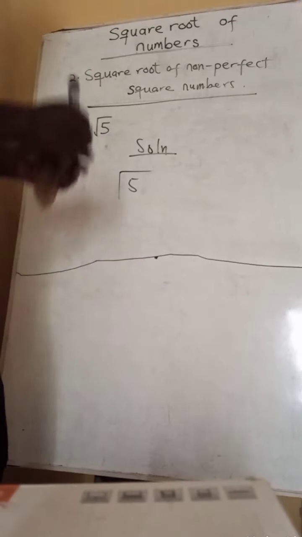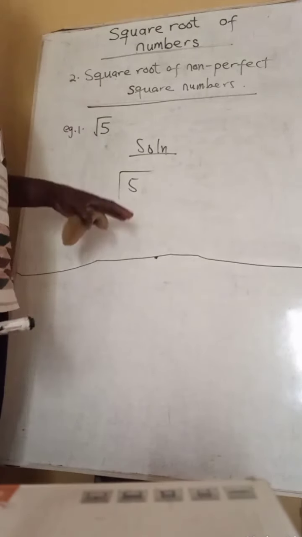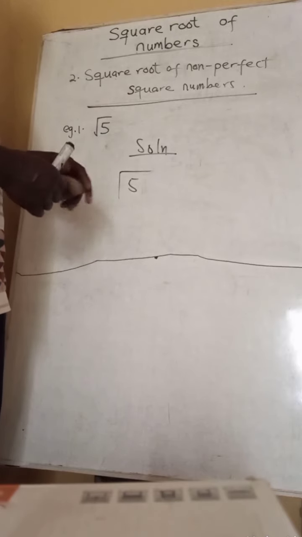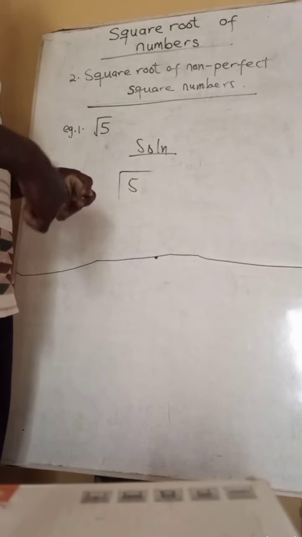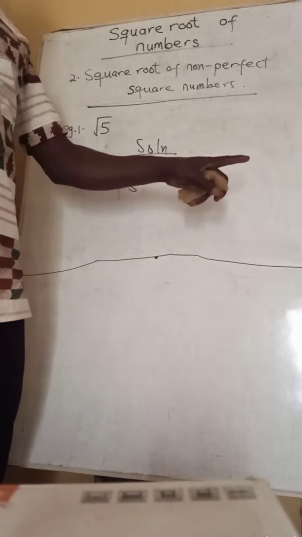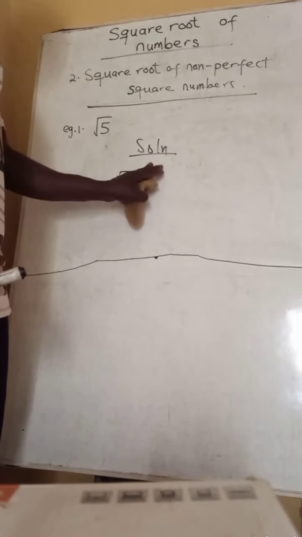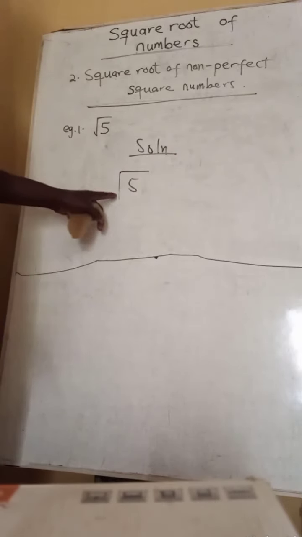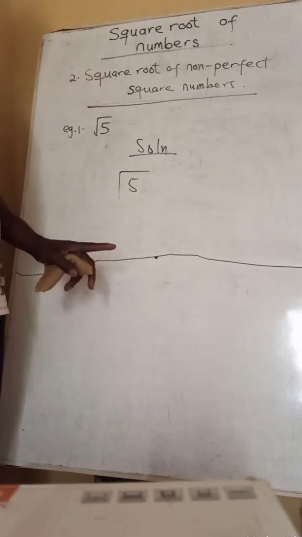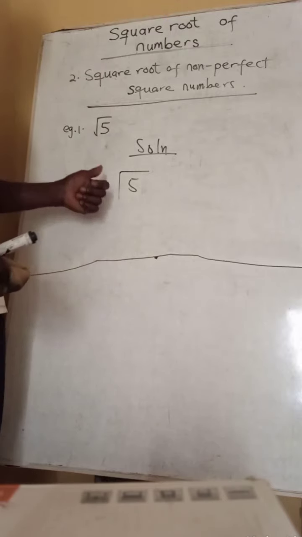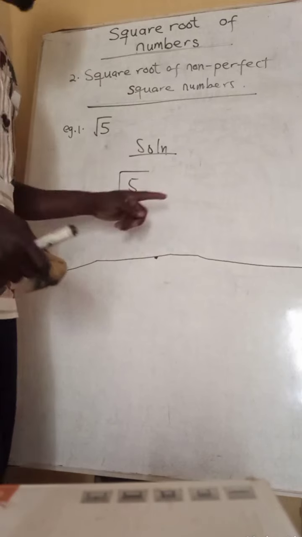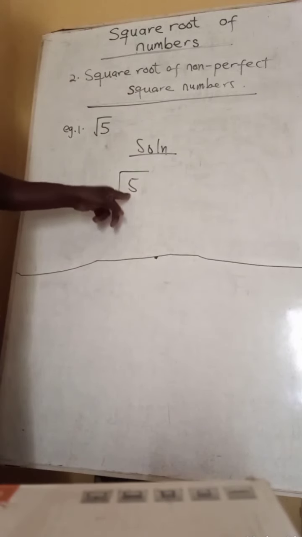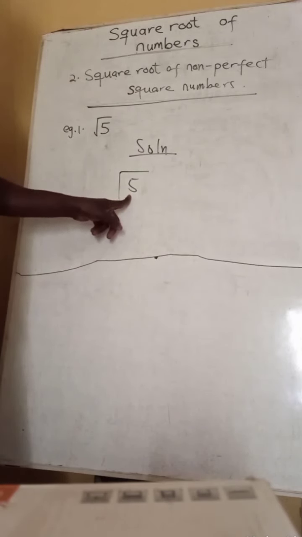We have our 5. Now remember, with perfect square numbers, it is when you multiply a number by itself that yields a perfect square. So in the same vein, the secret in this is you look for a number which, if you multiply it by itself, is either equal to the number under the square root or less.